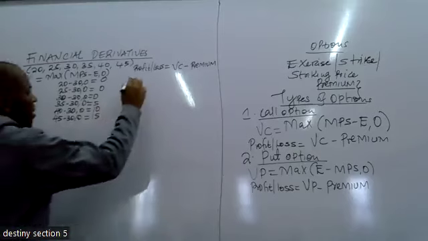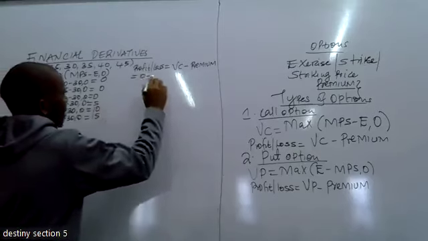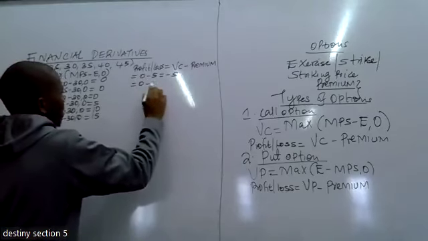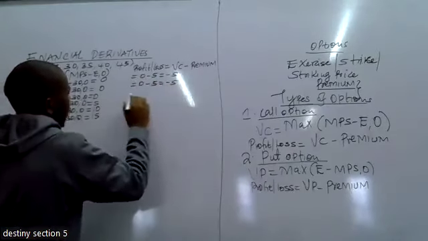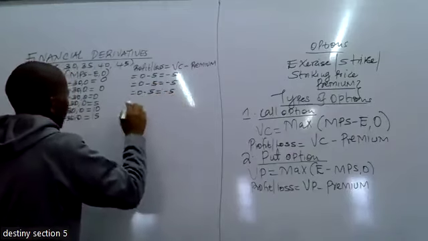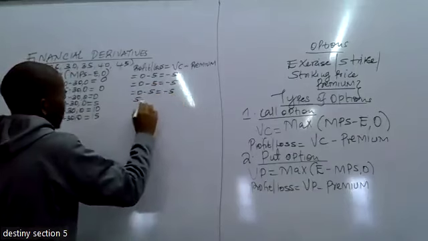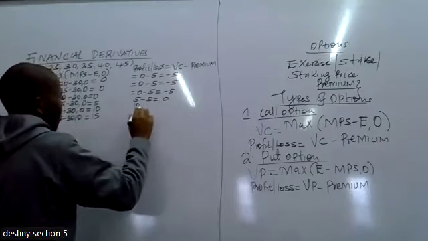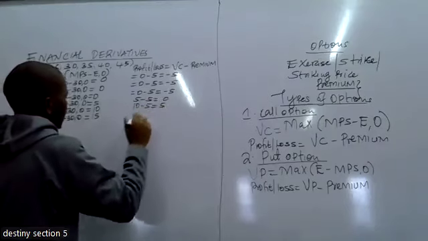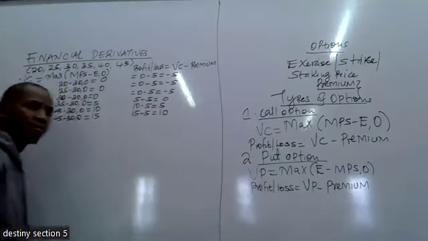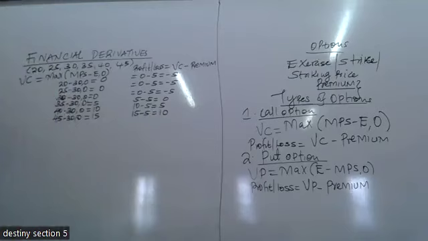Therefore, in this case, 0 minus 5 is negative 5, 0 minus 5 is negative 5, and this is 5 minus 5, which is 0. And then 10 minus 5 is 5, and then 15 minus 5 is 10.